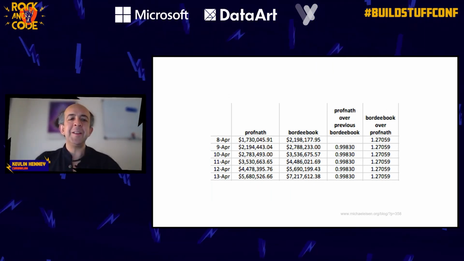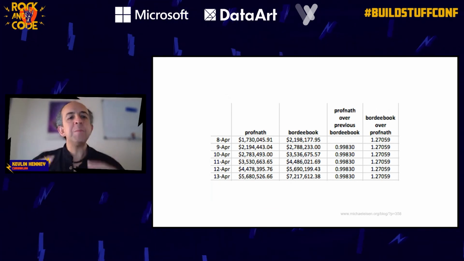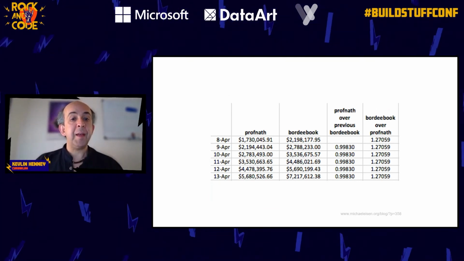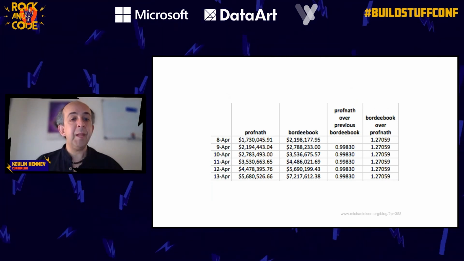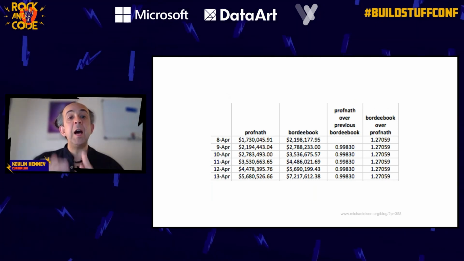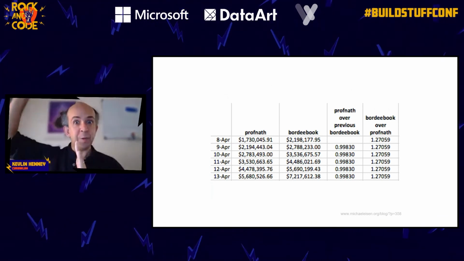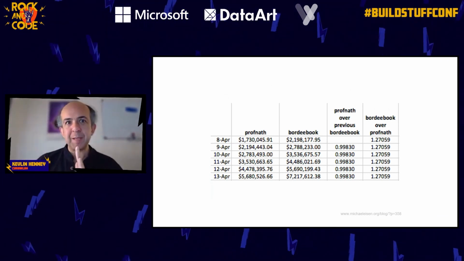It turns out that they are both using automated algorithms for pricing. Profnath has the book, and they are undercutting anybody else out there who also offers the book. They're just a fraction of a percent cheaper.